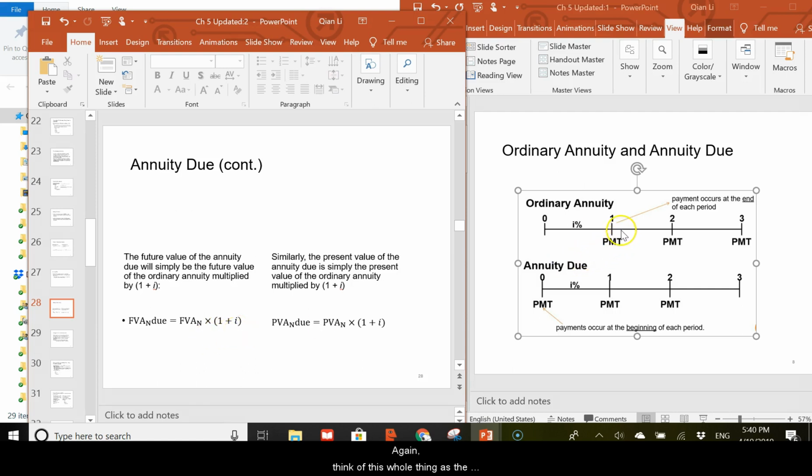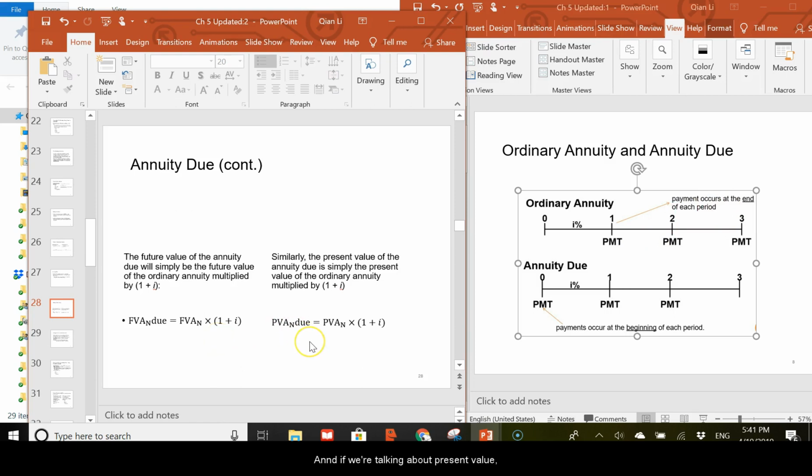Again, think of this whole thing as the ordinary annuity, this matching ordinary annuity being moved ahead for 1 period of time. So when we look at the future value of an annuity due, it should be the future value of this matching ordinary annuity, simply multiplied by 1 plus i.